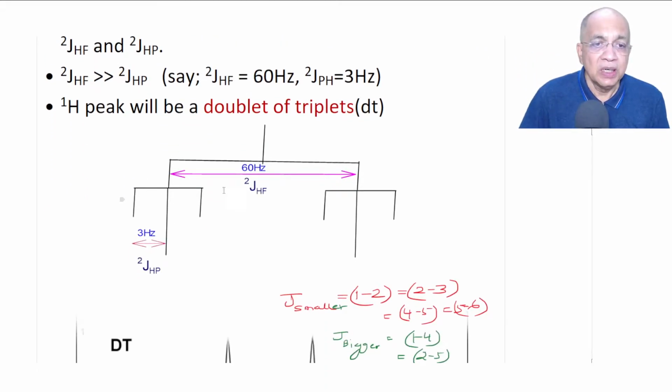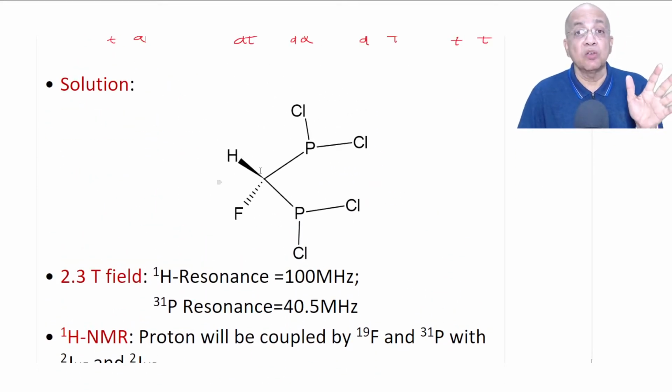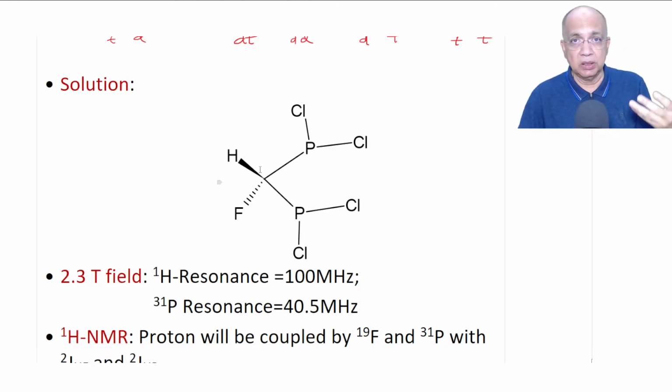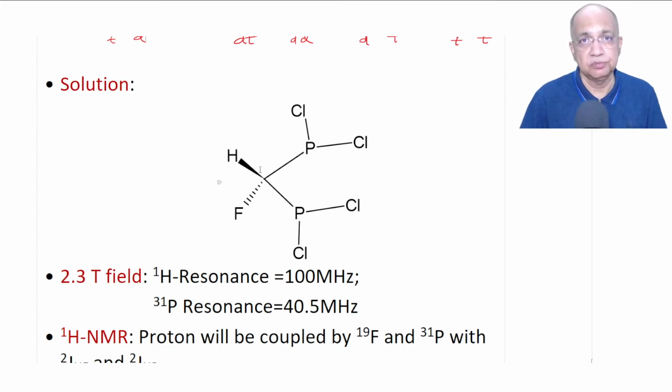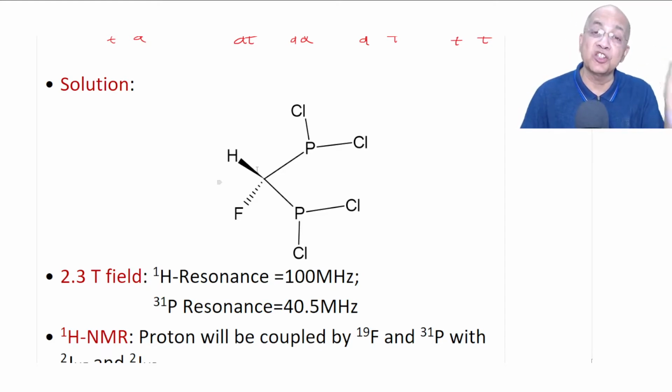Now, the usual convention of analyzing the pattern for a particular NMR peak is to go for the splitting with the larger coupling constant, the larger J value. And then each of the components of the first multiplet that you draw theoretically on a piece of paper, you split into the required number of multiplets with the other smaller J value.